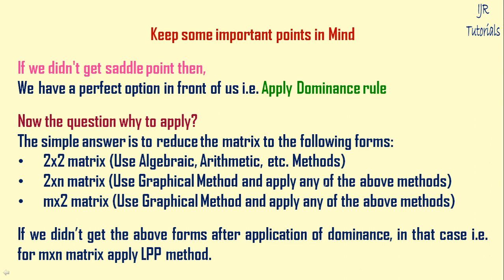In this case also we use the graphical method and apply any of the above methods. And there is one more form: if we don't get the above forms after application of dominance, that is for an m by n matrix with m rows and n columns, then we have to apply the LPP method. So we need to keep this in mind.